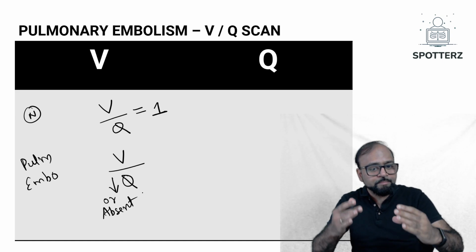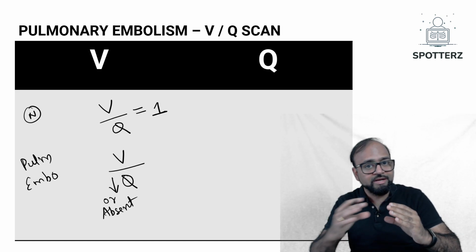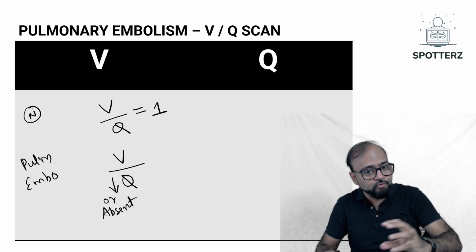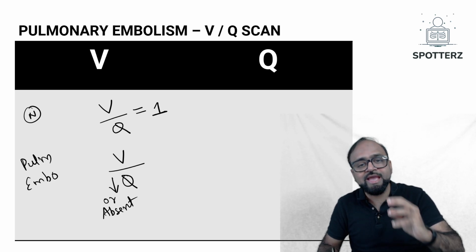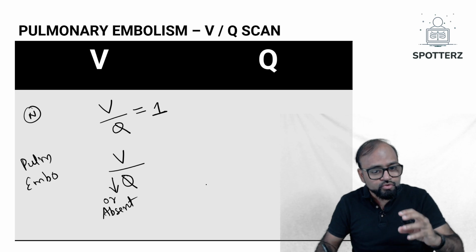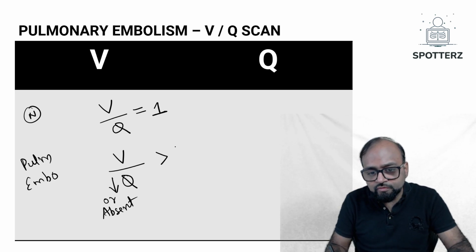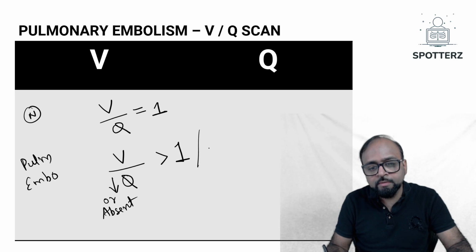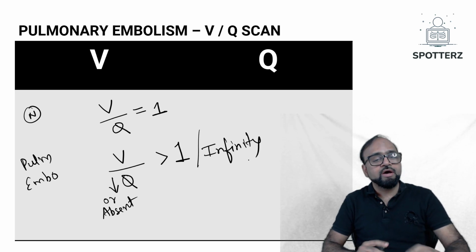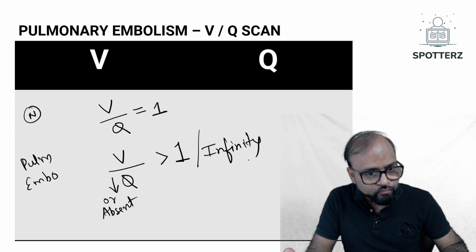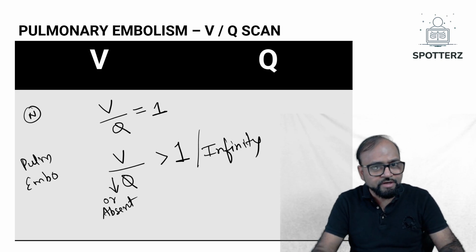Perfusion means capillary level blood flow. So if the perfusion is decreased or absent, what is going to happen? The ventilation perfusion ratio is more than 1, or it is considered to be infinity. That is how, quantitatively, pulmonary embolism can be diagnosed on ventilation perfusion scan.